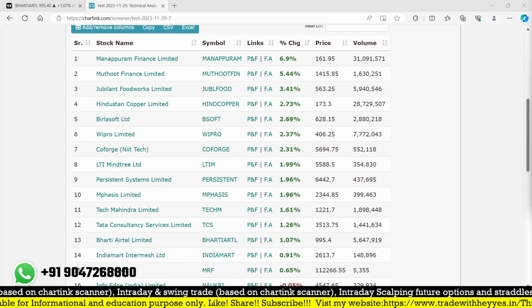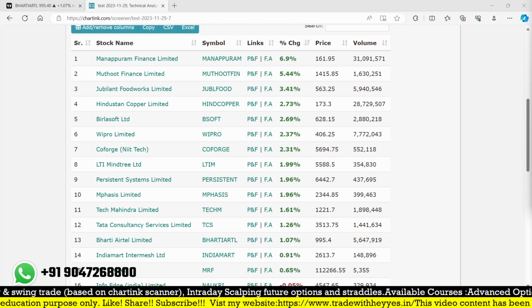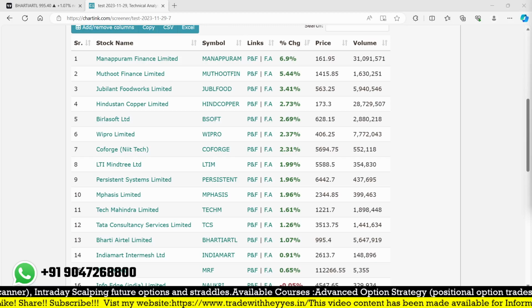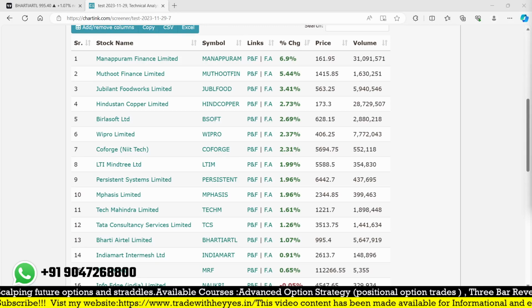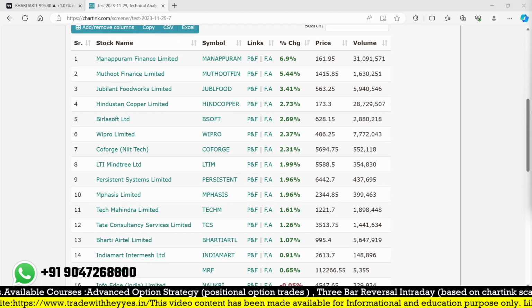That was also done in Manappuram, and it gave such a good result. The option price went up more, but 1 rupee is good enough. The lot size in Manappuram is 6,000. Let me show you, wait.